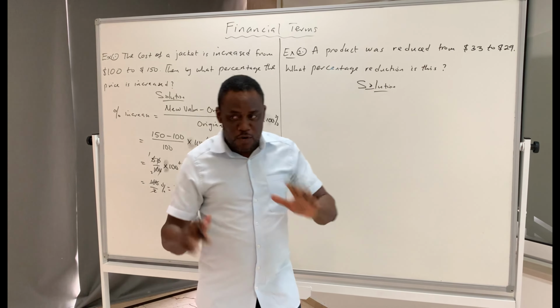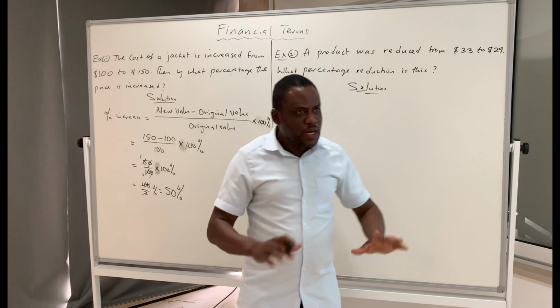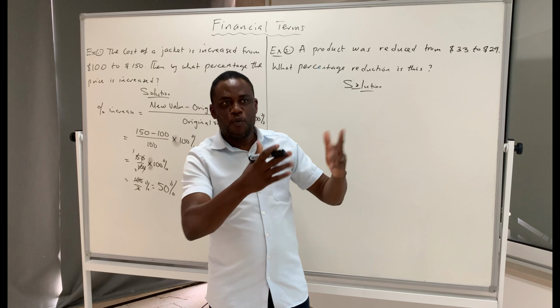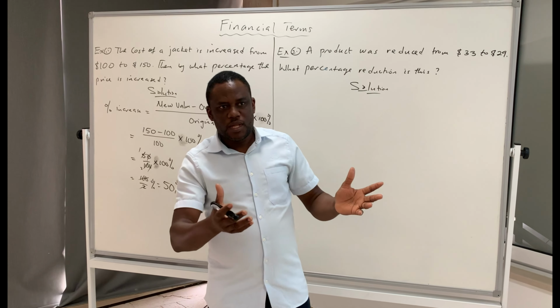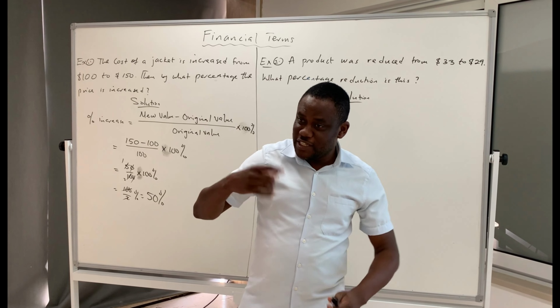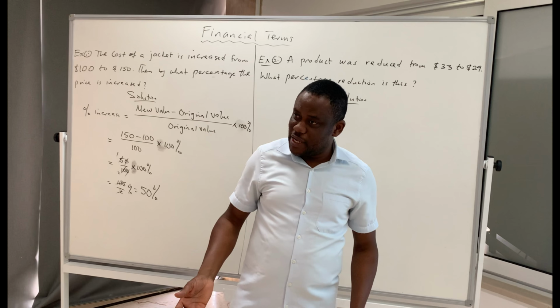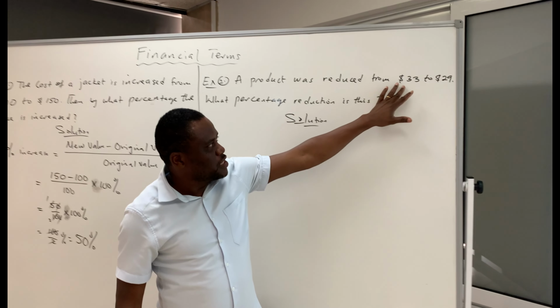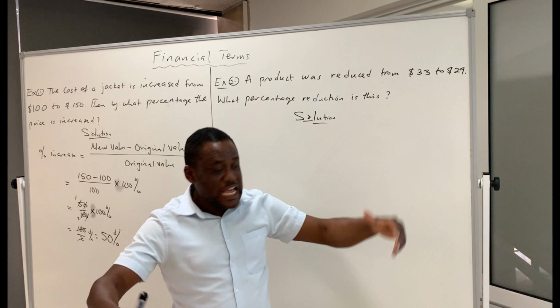For example, a particular product is going to spoil, maybe the expiring date is very close, so the market has to reduce it so that they can quickly sell it off, right? So we have a product, it was $33, and later it reduced.